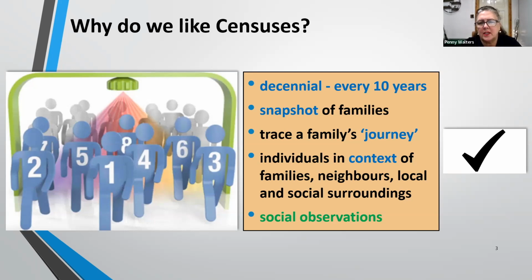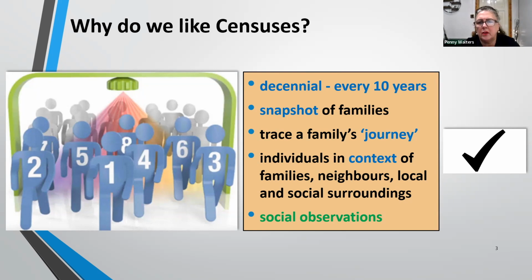We can trace their journey, we can see whether they've got more children or they've moved or they've got less children or they haven't moved. So we can quite often compose timelines and put people into a context. And the context, through skimming up and down the page, is finding people's families, neighbours, local and social surroundings.